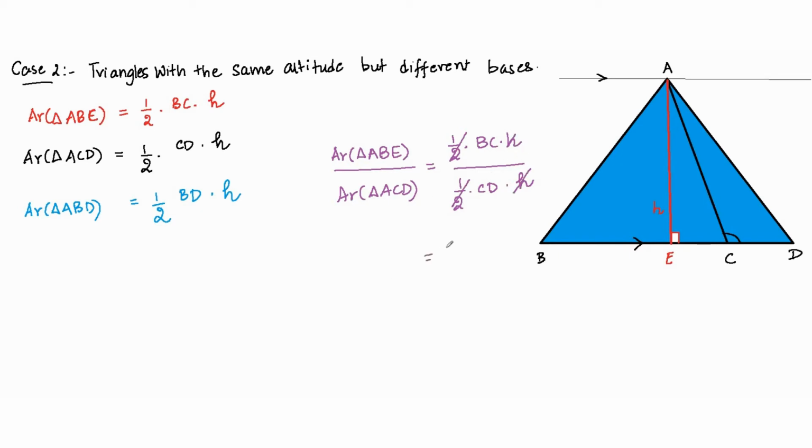Therefore, the ratio of the area is, I should have taken ABC and not ABE. Okay, let me correct that over here. Yeah, it should have been ABC, right? So area of the triangle ABC divided by area of triangle ACD will be given by BC divided by CD. This is nothing but the ratio of their bases.